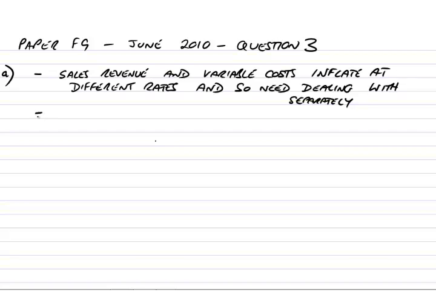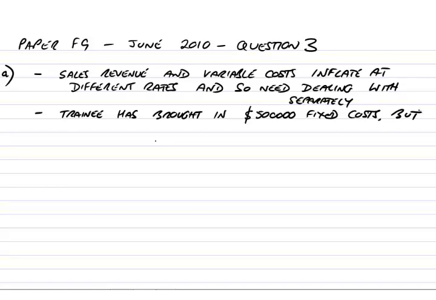What else? The fixed costs. The trainee has brought in 500,000 fixed costs. But how much was it? The development was 200,000.